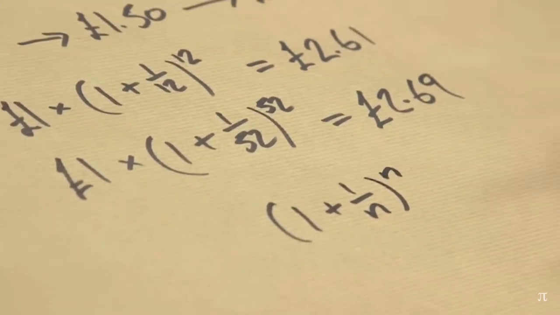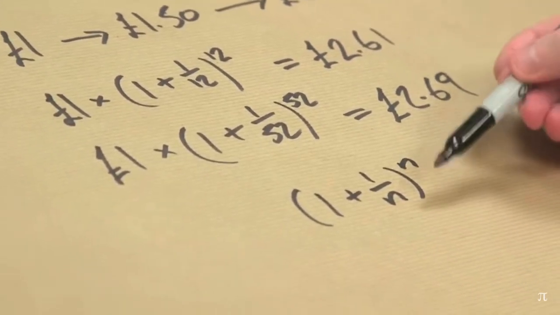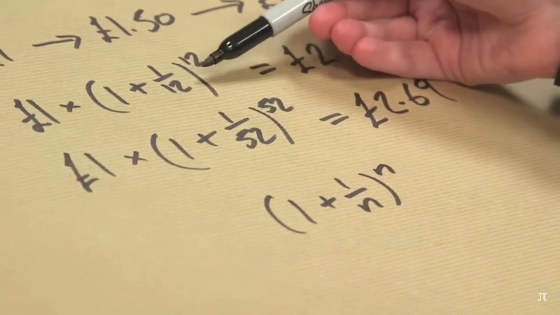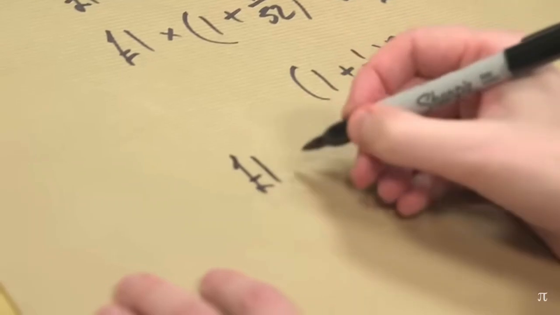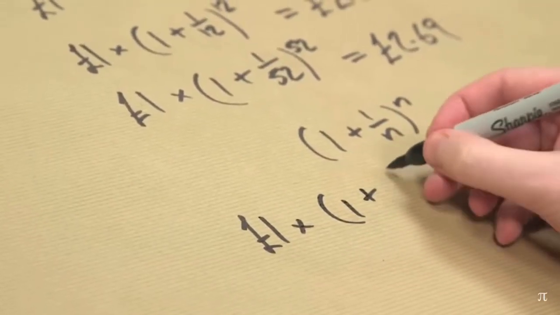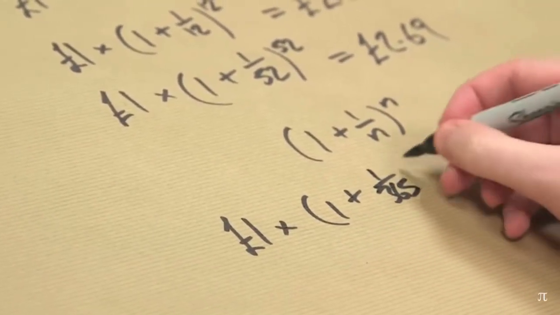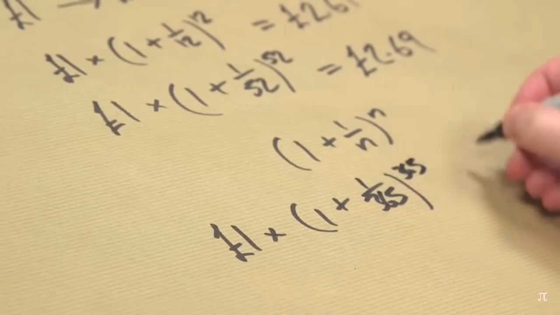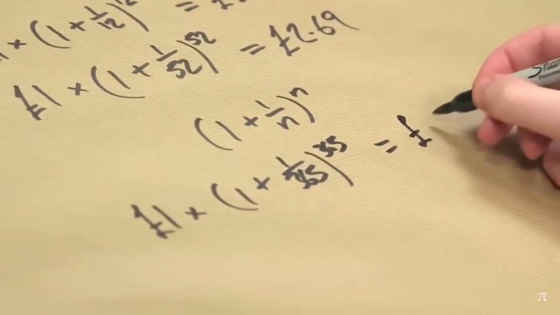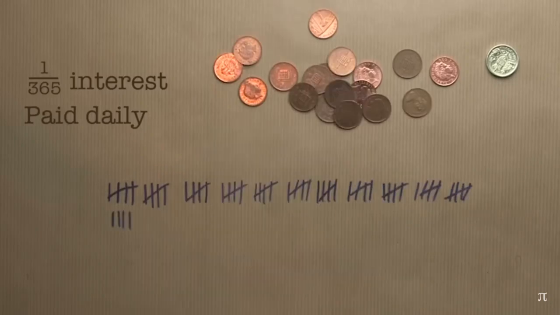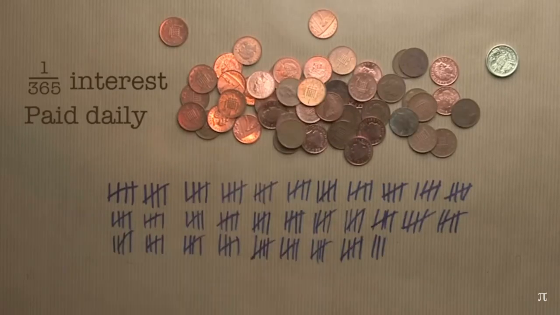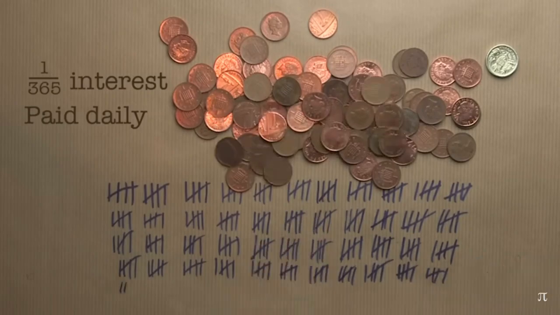Hopefully you can see that pattern happening. So here n is equal to 12 if you do it every month, 52 if you do it every week. If you did it every day, it'd be £1 multiplied by (1 plus 1/365) to the power 365, and that's equal to £2.71. And so it would get better if you did it every second or every nanosecond.